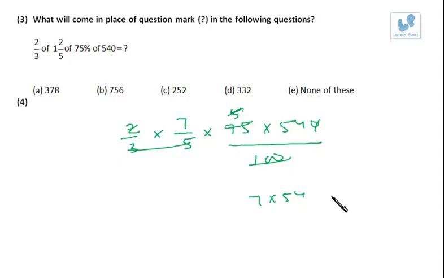So that can be done mentally. That is 50 into 7, 350 plus, I just write it over here for you, distributive property I'm using, 50 plus 4 into 7. So it's 350 plus 28, right? So 378, option A. I hope you are clear. It's just a matter of 20-25 seconds.